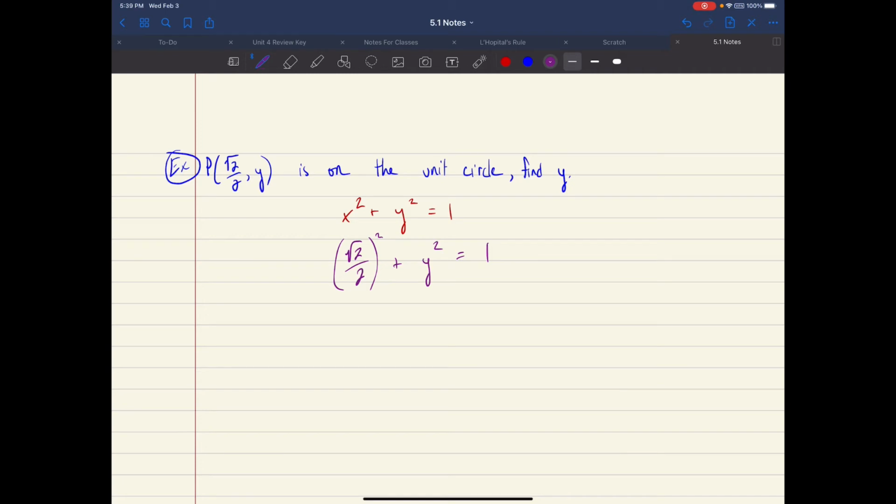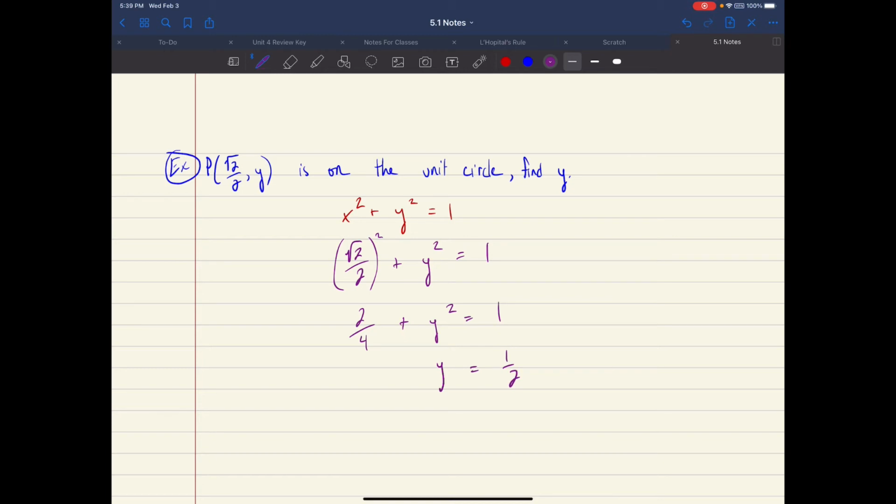And we already talked through all of the unit circle values, so hopefully you might know this. You might know the y coordinate already, but so this is going to be 2 over 4 plus y squared equals 1, and we're just solving for y. So if I subtract the 2/4 from one side, that would be 1 minus 2/4, which would be 2/4, which is 1/2.